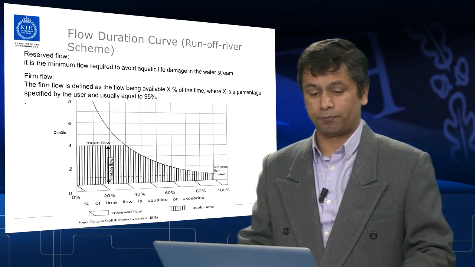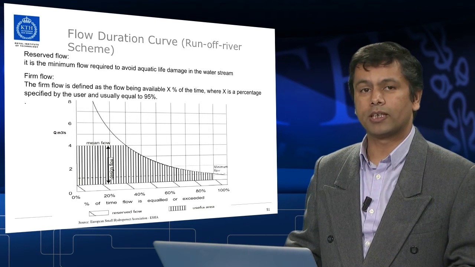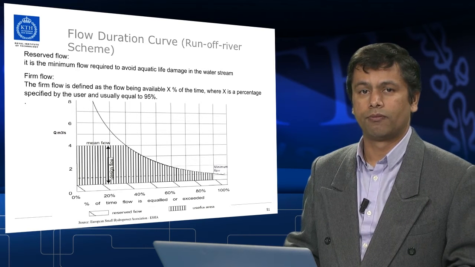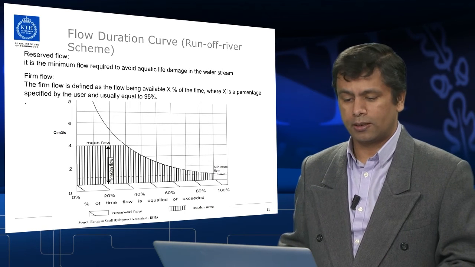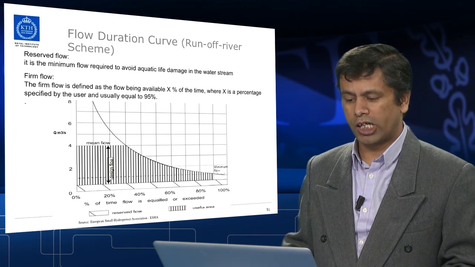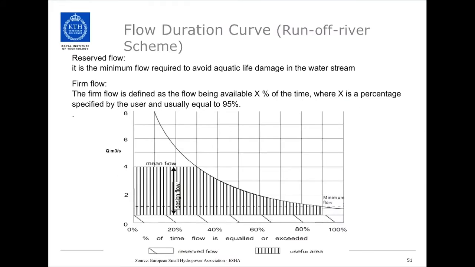Now, in a river you have to reserve some flow for environmental reasons. Reserve flow is the minimum flow required to avoid aquatic life damage in the water stream, and this is normally 10% of the flow.